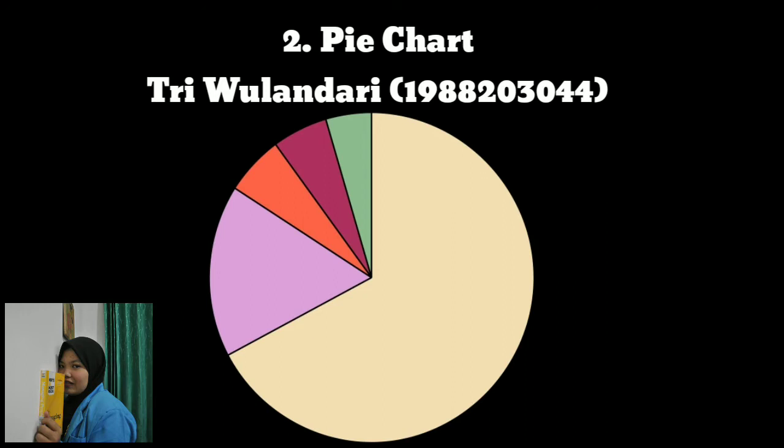It is named for its resemblance to a pie which has been sliced. There are variations on the way it can be presented. The earliest known pie chart is generally credited to William Playfair's Statistical Breviary of 1801.